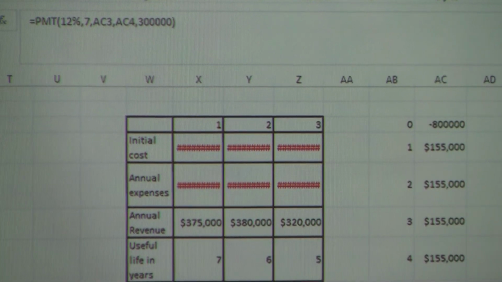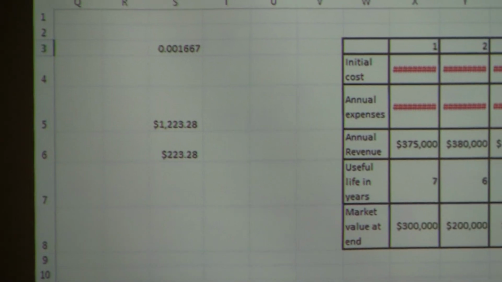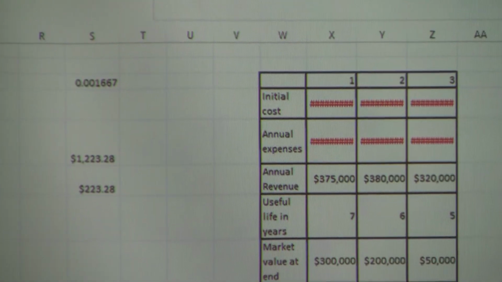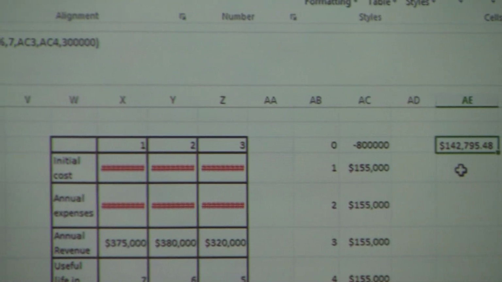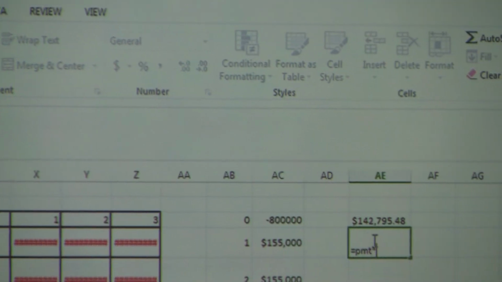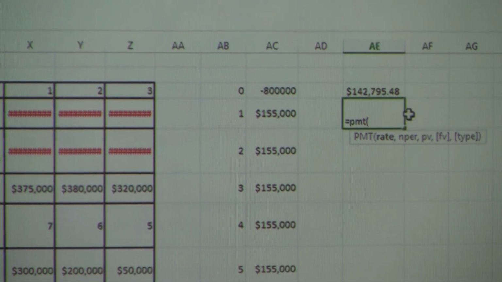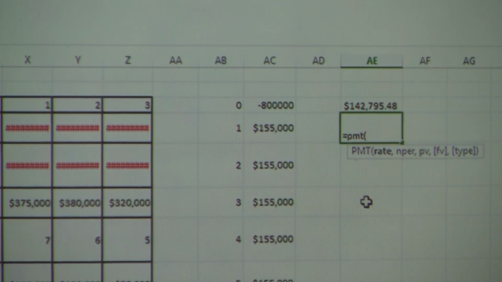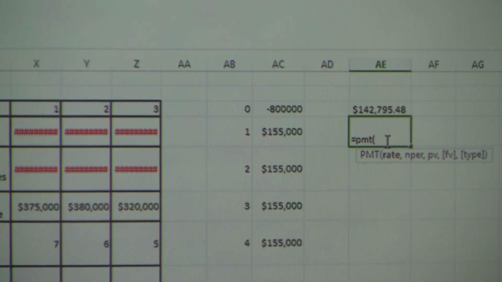I'm sorry. Let's do it again. Equals PMT. Yeah, I botched that, didn't I? I'm doing a horrible job with you guys this morning.